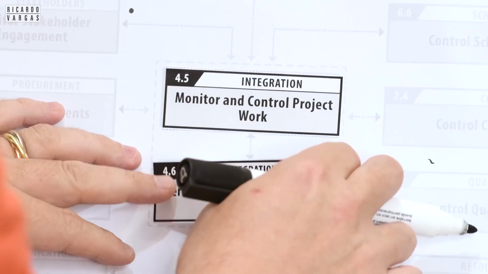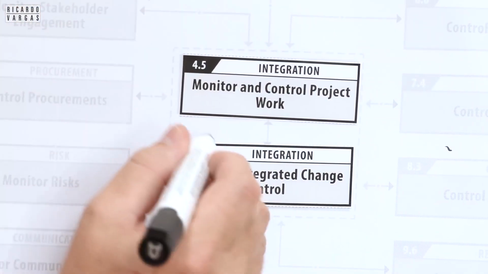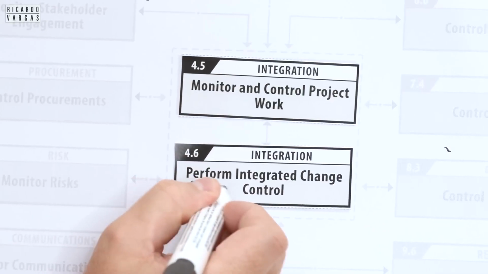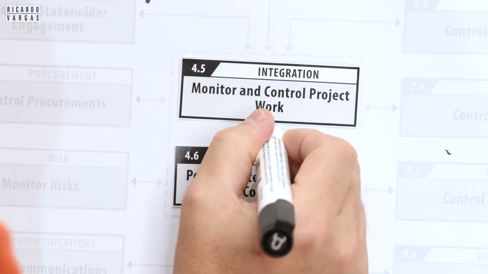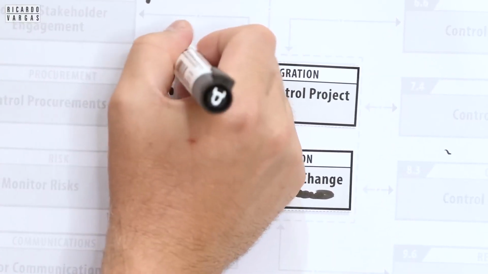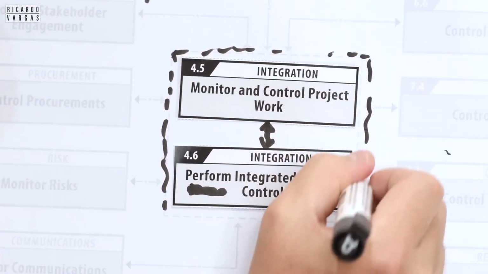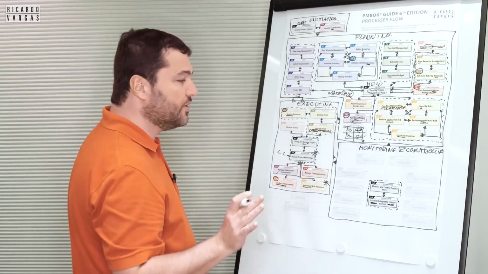Second, I need to perform the integrated change control. This is a really, really important process. And why is this process so important? Because your project will face changes. 100% sure of that.